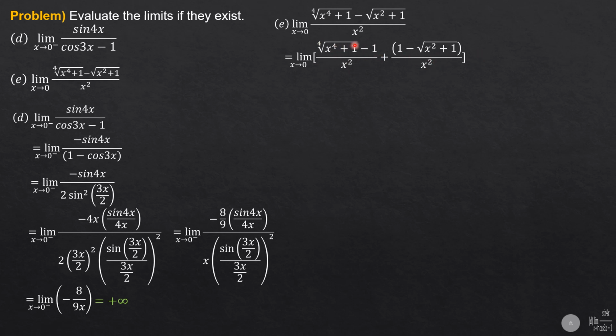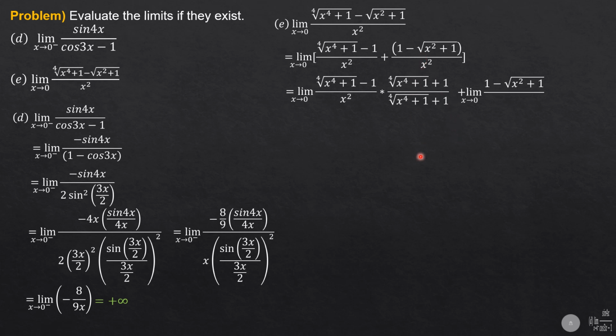So let's just focus on the first term first. We multiply and divide by the fourth root of the quantity x to the fourth plus 1, then plus 1. Then for the second term, we just leave it as is first. So this is now the square root of the quantity x to the fourth plus 1, minus 1, over x squared times the quantity. We copy that. And also for the second term, we just copy it first.